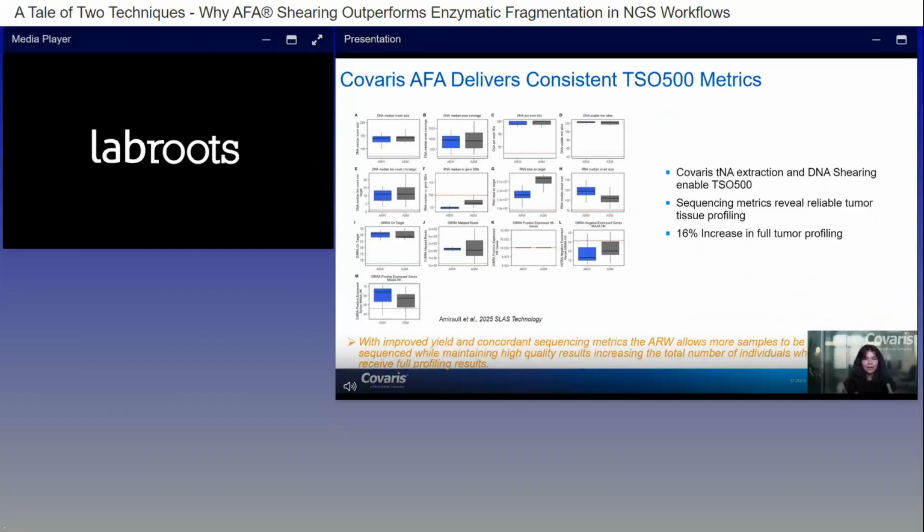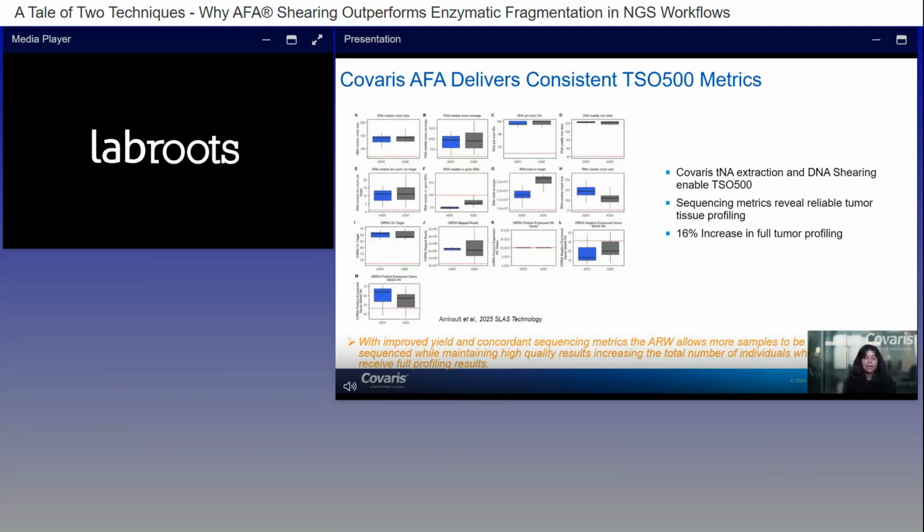So between that data, hopefully you can see that combining high-quality nucleic acid extraction with precision AFA shearing enables TSO 500 workflows. And you can really see this reflected in TSO 500 sequencing metrics. So here I have data from our recent SLAS paper showing the sequencing metrics for the TSO 500 workflow for both DNA and RNA.